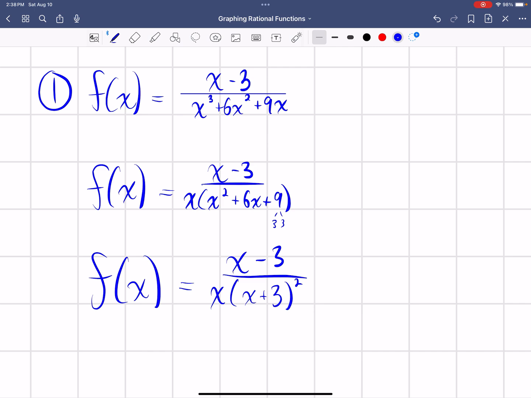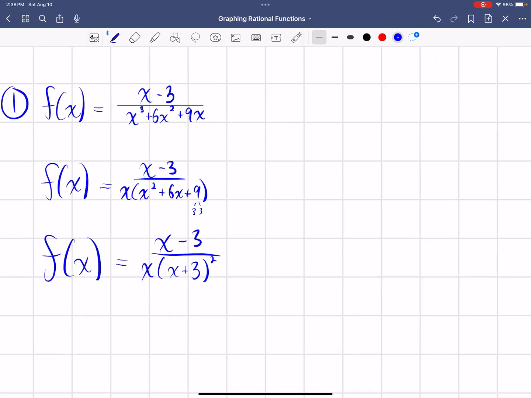The next thing that we do is we take a moment to state the domain. Now, for the domain, it really doesn't require a great deal of thought, because all you need to do is exclude any values that make the denominator 0. And we can make a number line to keep track of those. What values of x, when you plug them into this denominator, would make it come out to 0?